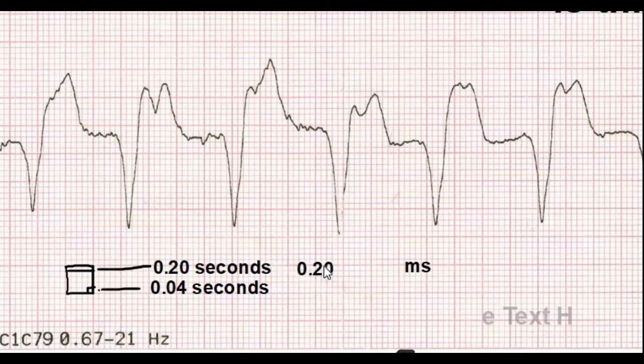So it's important to understand that this same number here, 0.20 seconds, all we have to do is add a 0 and move the decimal place over to the thousandths, which is what the milli means in milliseconds, and that becomes 200 milliseconds. So 0.2 seconds is the same thing as 200 milliseconds. And the reason that's important is because we have a rule about whether something is a wide or narrow QRS complex. So right here we have the Q beginning right here.